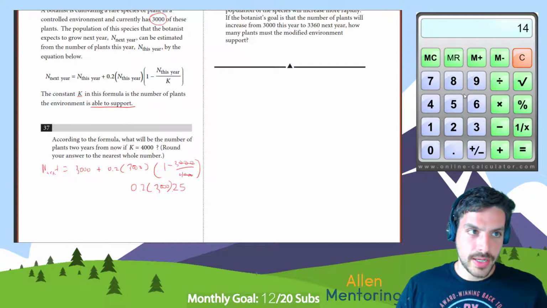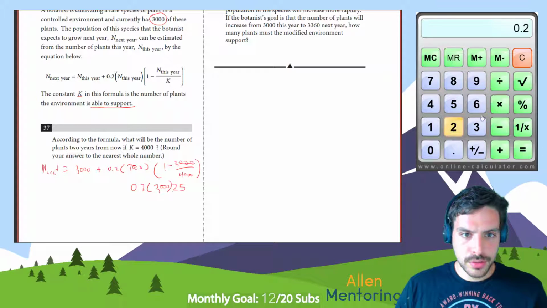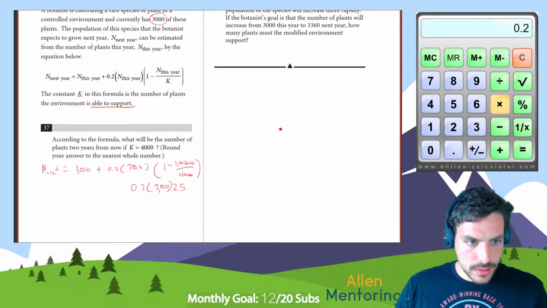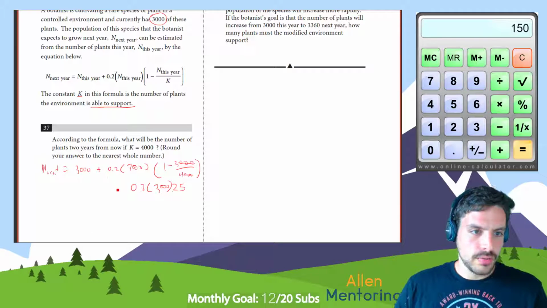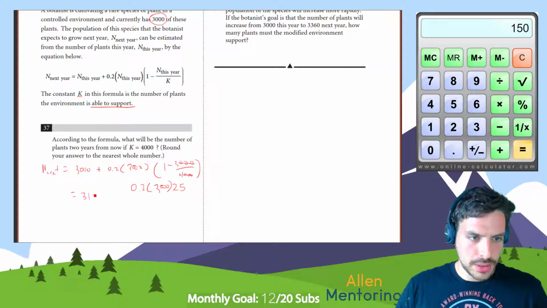Okay, so 0.2 times 3,000 times 0.25. Let's do that in the handy dandy calculator. So it's 0.2 times 3,000 times 0.25. So that's 150. Not bad. Oh, and so 150 plus 3,000 is going to be 3,150.